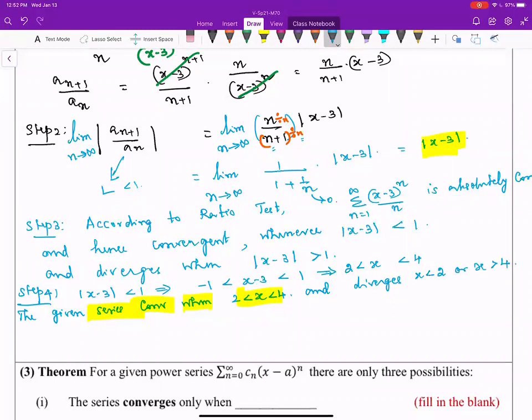In other words, it diverges when absolute value of x minus 3 is more than 1, which is the same as writing x is less than 2 or more than 4. This ratio test is inconclusive when L equals 1. So what happens when L equals 1?